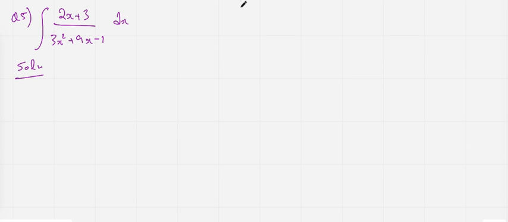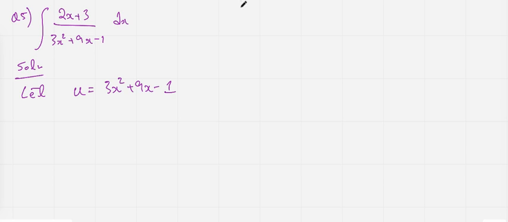What I do, you can see that the denominator expression has a higher degree as compared to the numerator expression. So of course, I'm going to take out the derivative of my denominator and see if that derivative is equal to the numerator expression or not. If it is, u-substitution is going to win, and we'll take the help of that. So I let u equal 3x squared plus 9x minus 1.